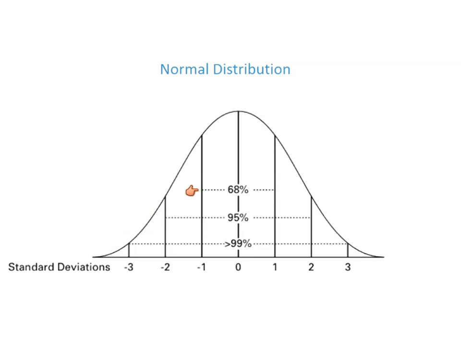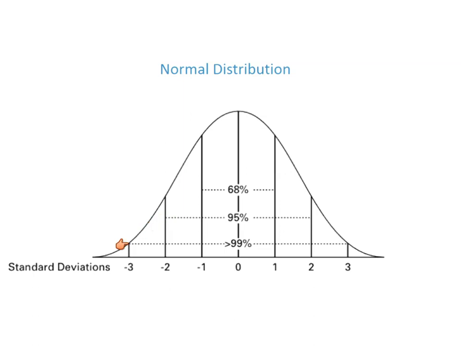We have something called the empirical rule. And the empirical rule are these percentages that you see here. So the probability that a value will fall within 1 standard deviation, in either direction, is 68%. The probability that a value will fall within 2 standard deviations is 95%.